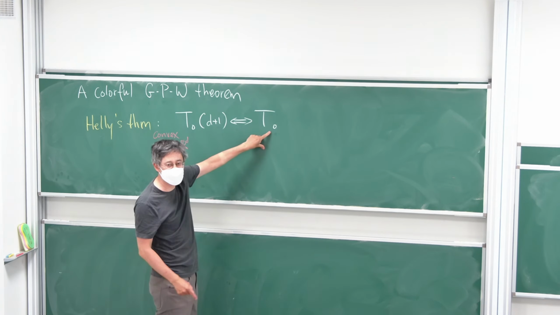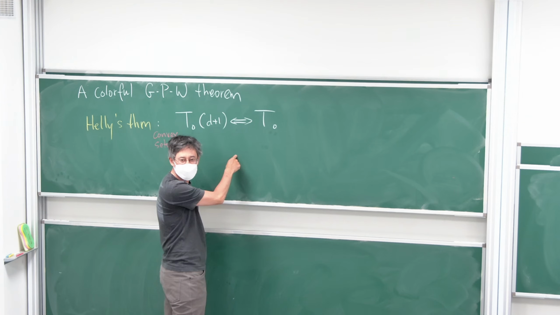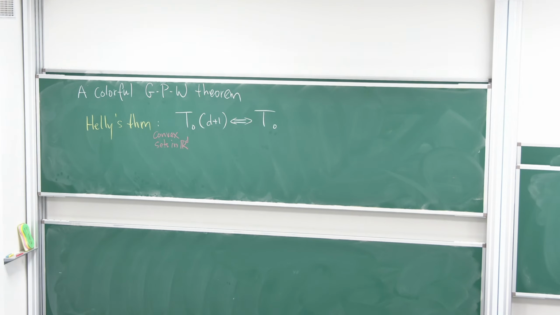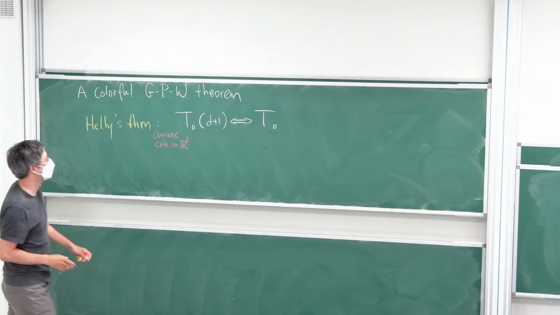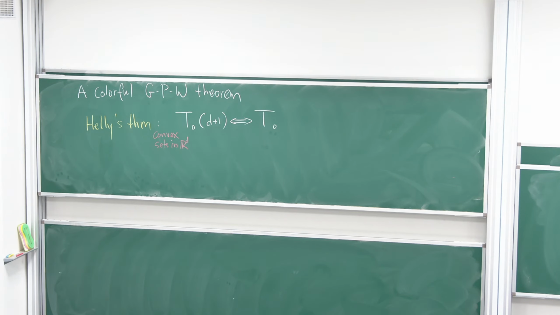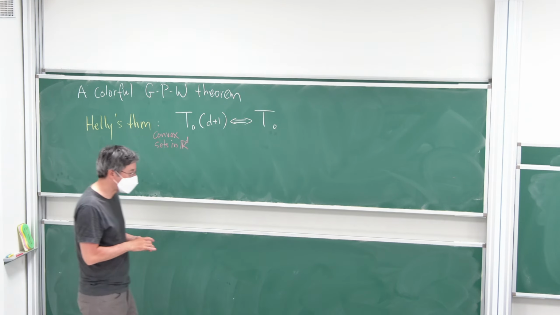Of course, if you can intersect all the members of a family of convex sets by a single point, any d plus one of them can also do that. This is one of the most fundamental theorems of combinatorial convexity, and has lots and lots of applications, way beyond convex geometry also. And this is the starting point.